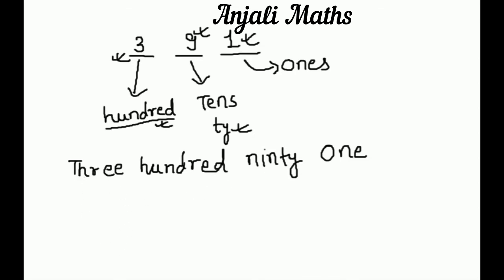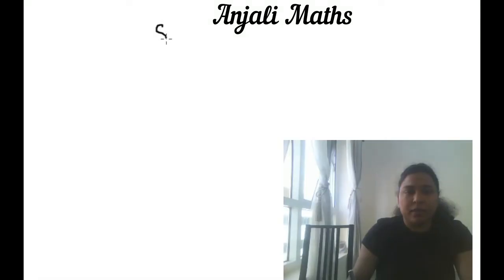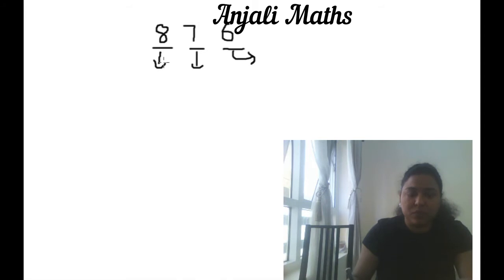Let's see one more example. 8, 7, 6. How will we write this number in words? This is the ones place, this is tens, and this is 100. Now 8 is in the 100 place, so we will add 100, 800.